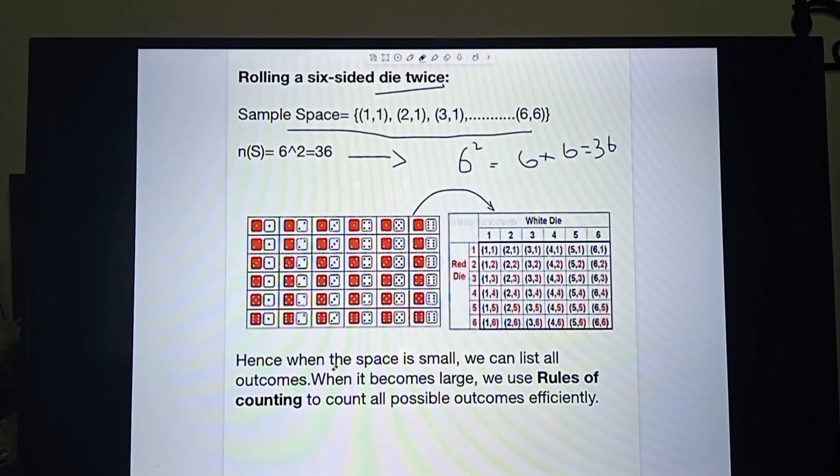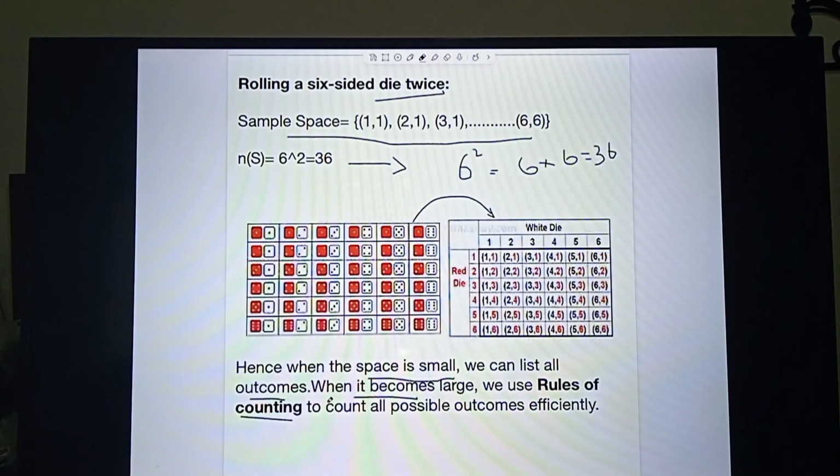So when the sample space is small, we can list all the outcomes, but when it becomes large, we use rules of counting. Further, we are going to discuss rules of counting.